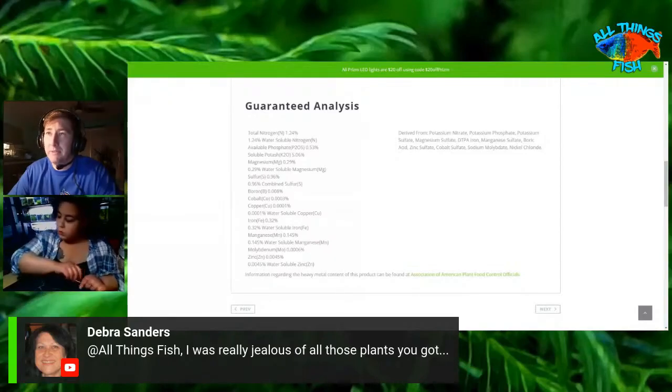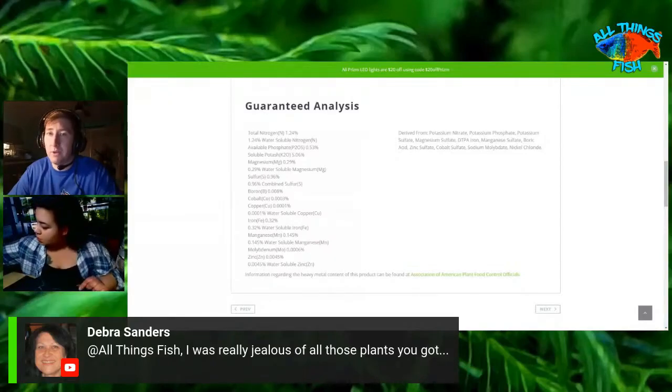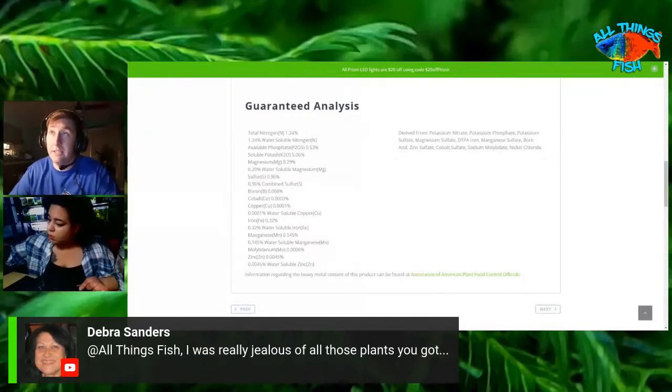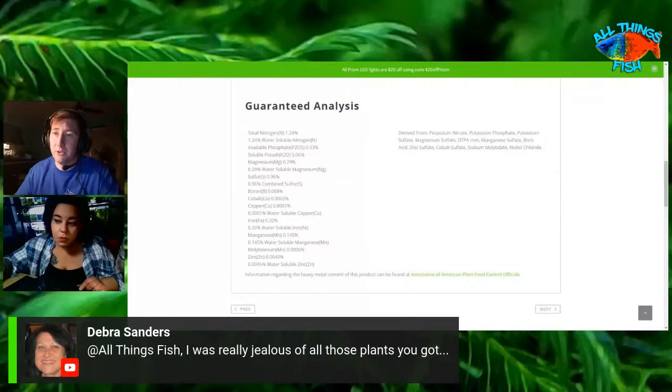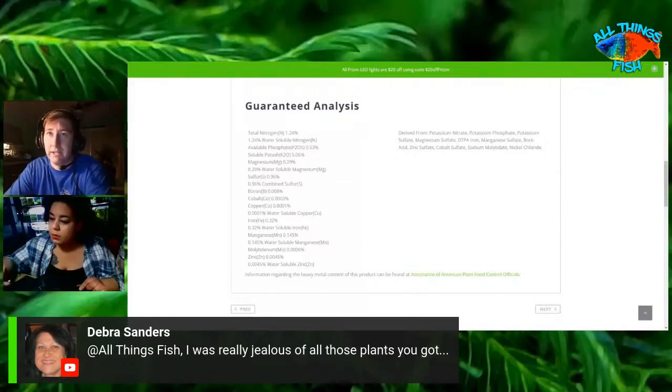But I believe that is why Aquarium Co-op has their Easy Green, and then they offer a separate iron supplement, because the specific iron that they use in their Easy Green solution, so there's different forms of chemicals, right? The iron that they use in their Easy Green solution would just get bound up by the phosphate that they have in there.